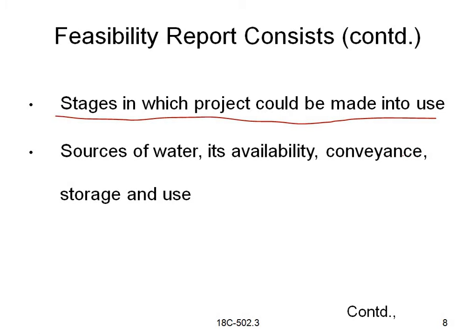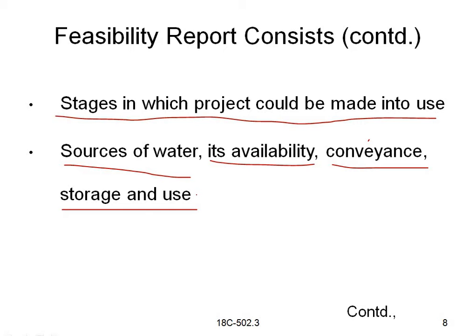And next, sources of water, its availability, conveyance, storage and use. That means in the feasibility report, the sources of water, from where the water will be coming to the site, whether bore water or river water or tap water or any other source.